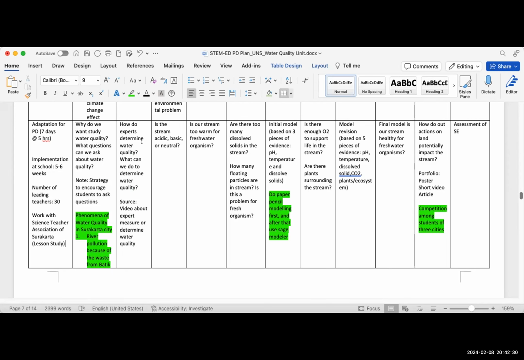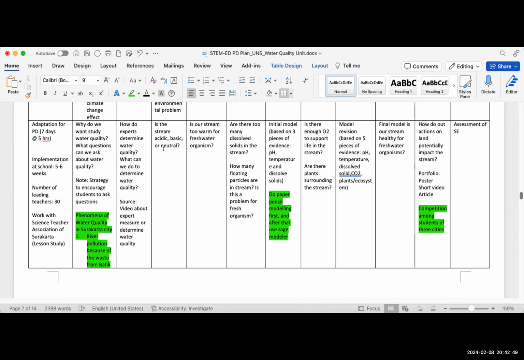Then we follow with the next unit, introducing water quality and how experts determine it, and we will show a video of experts measuring water quality in Indonesia.